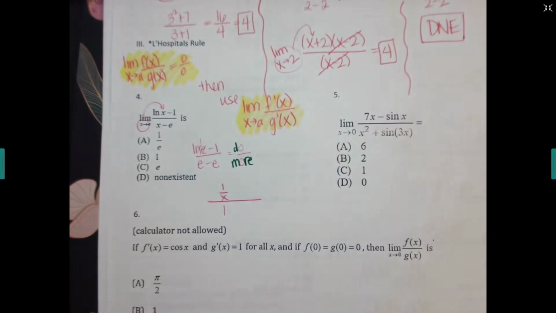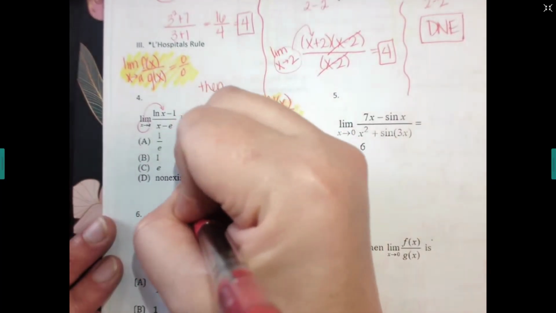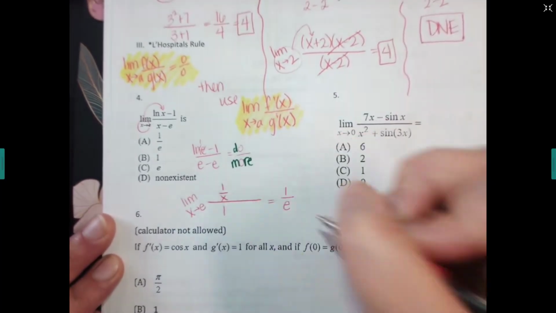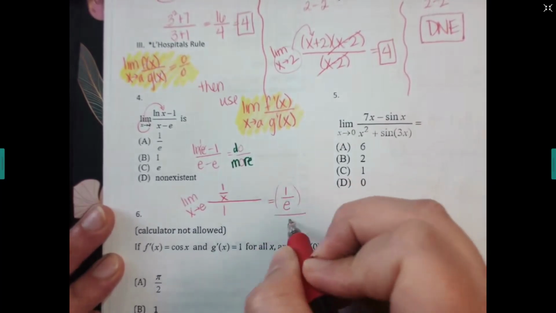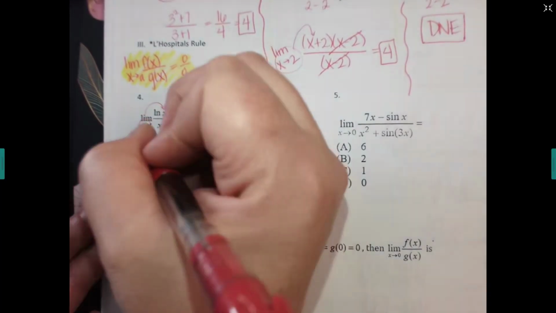And then once I take the derivative of the top and the bottom, I just try the limit again. So now I'm plugging in the limit as x approaches e. On top, I'm going to get a 1 over e. And then technically it is divided by 1, but we know that the 1 won't change anything. So what answer do we want there? A.